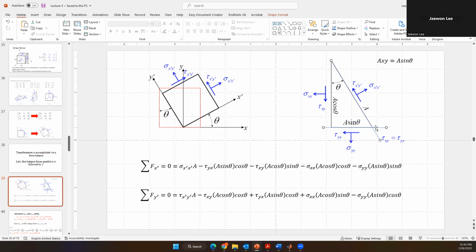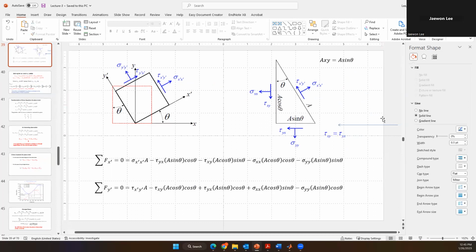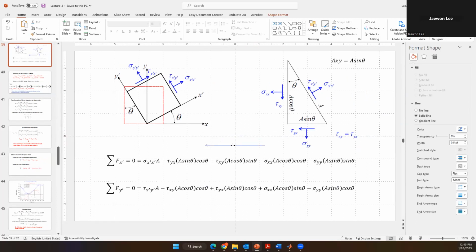Now, the y direction is like that, and the sigma x direction is like that.